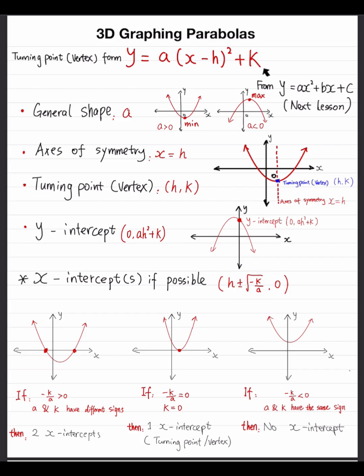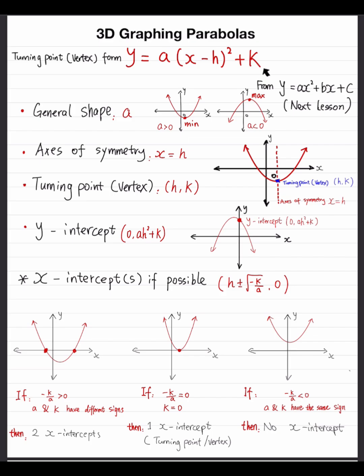We can list the actual x-intercept, which is (h, 0). As we know, when x equals h in your turning point form, that actually refers to the turning point as well, so you can see that this x-intercept is at the same time the turning point, or the vertex.